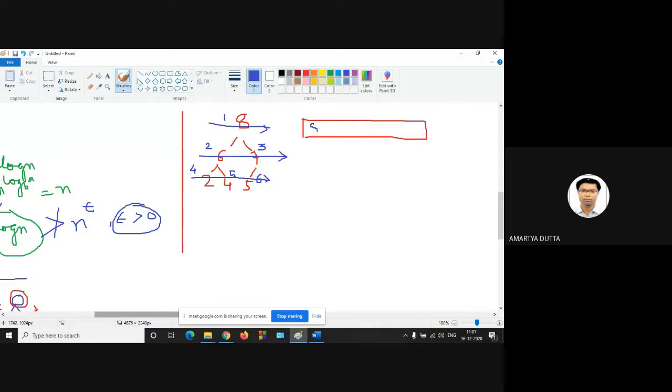The first is 8, then 6, 7, 2, 4, and the last is 5.